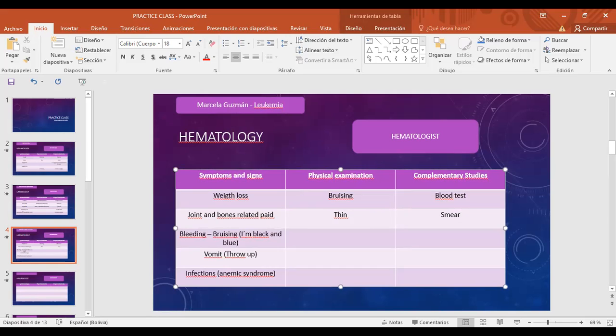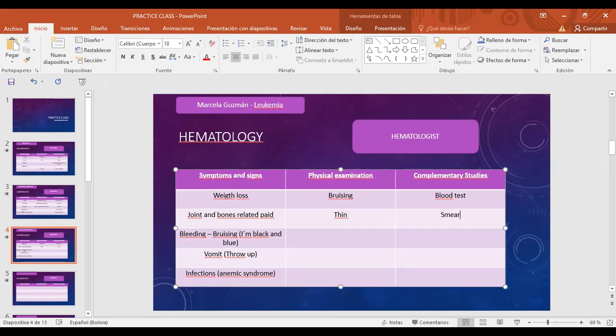smear? No. Okay. A smear is when you take a peripheral blood sample and you put it on glass slides, like when you're seeing something under the microscope.